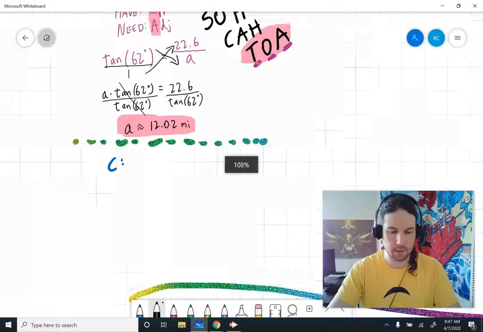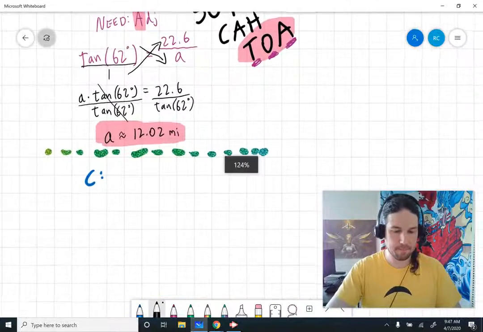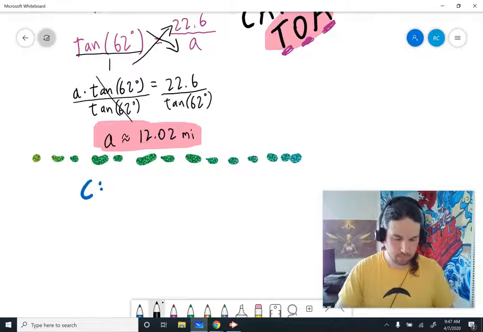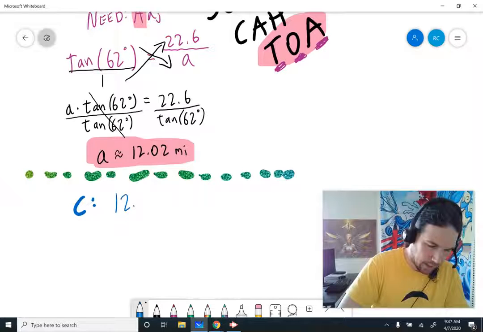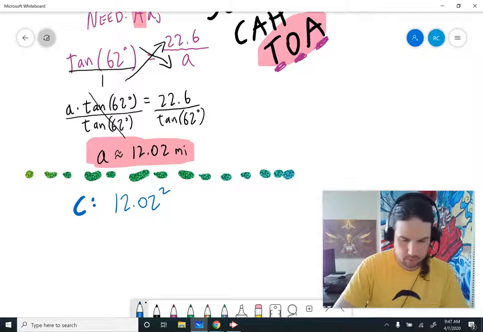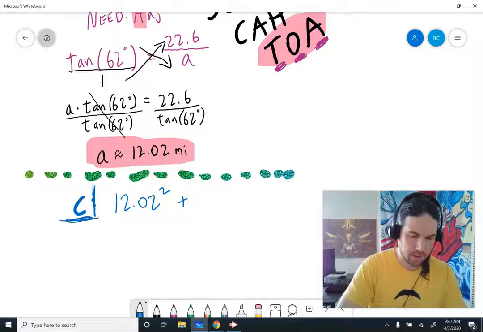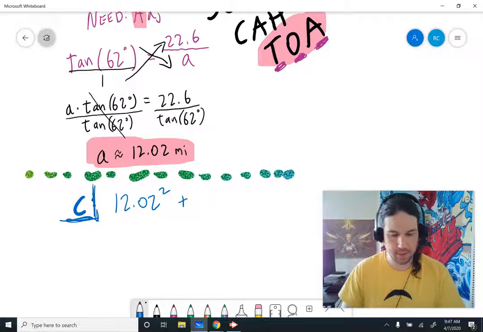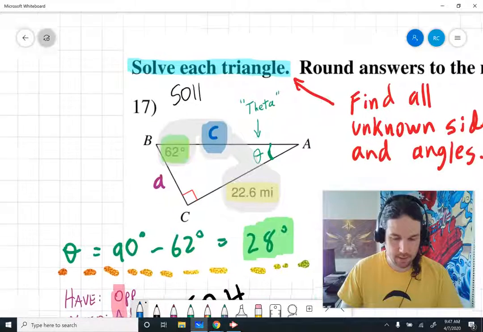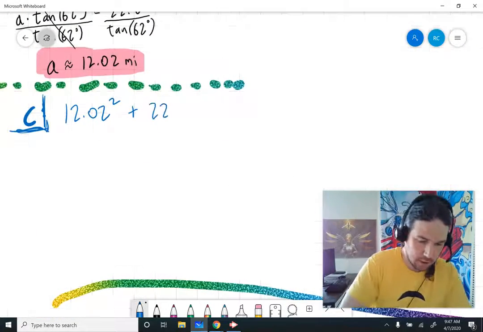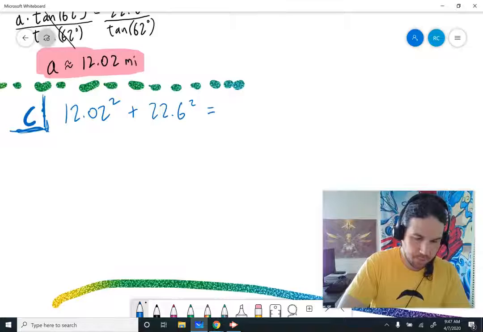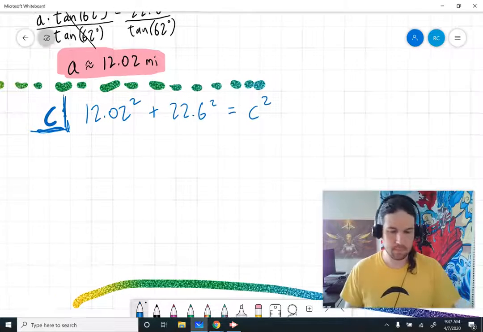And our other option is the Pythagorean Theorem. A squared plus, I don't want that to be confusing. I'm solving for C here. I'm just labeling that. A squared plus B squared equals C squared. So 12.02 squared plus 22.6 squared equals C squared.